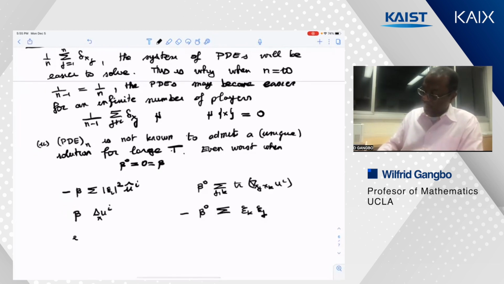So that operator is elliptic, not degenerate. This one is elliptic, degenerate.